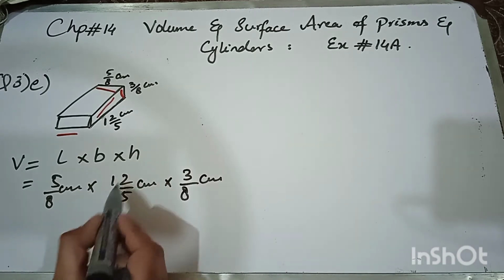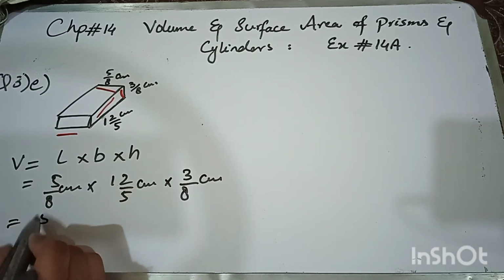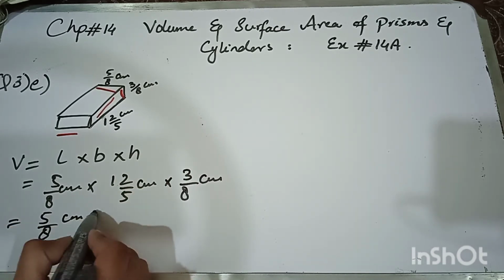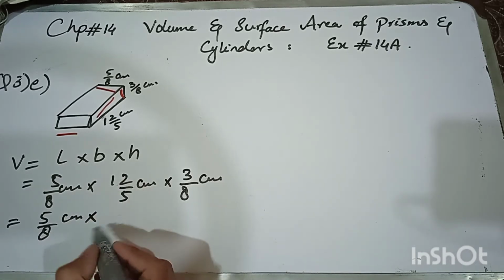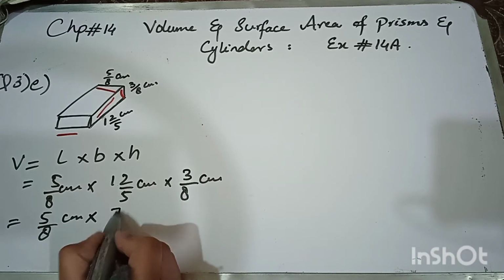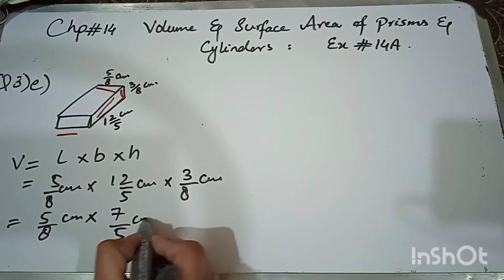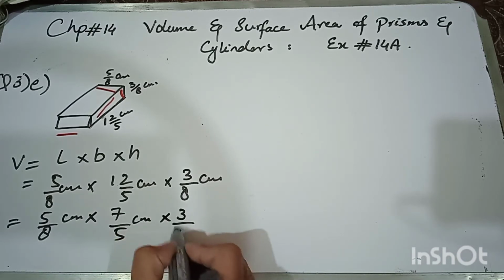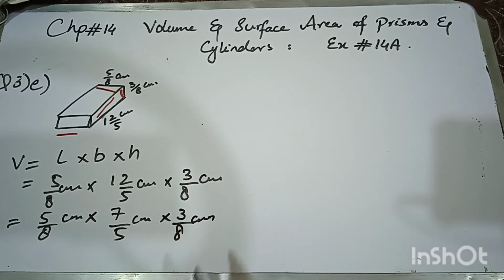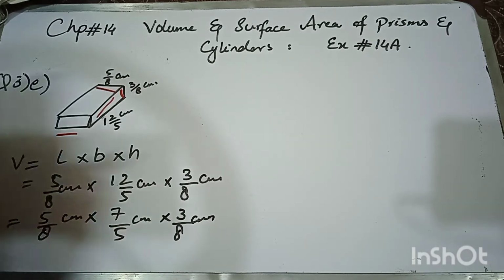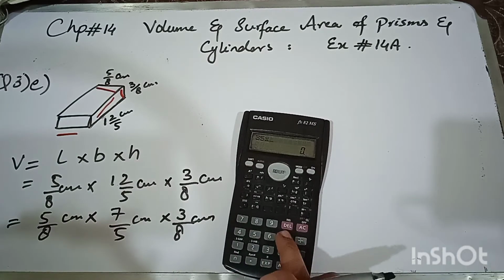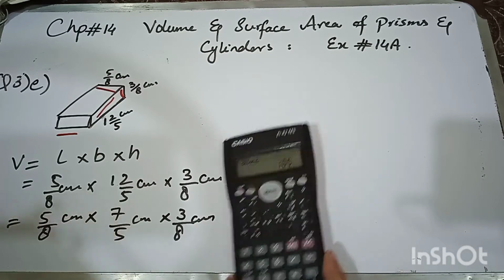Now first of all we have to solve this mixed form. 5 by 8 centimeter multiply by, okay ji, multiply by 5 1s are 5 plus 2 is 7 by 5 centimeter, and the last is 3 by 8 centimeter. Now we have to simplify. We have to multiply 5 7s are 35, 35 3s are 105.